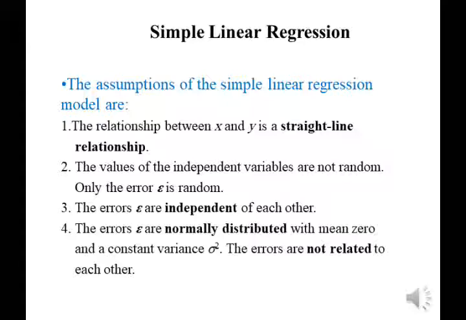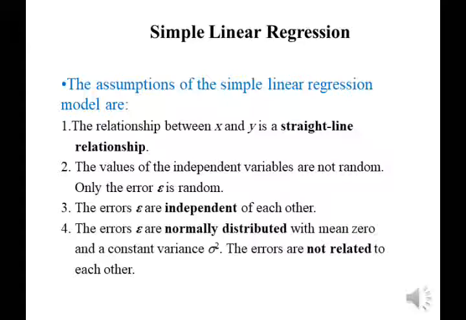First, the relationship between X and Y should be, on average, a linear relationship, and this is what you can see from the scatter plot. The values of X and Y are not random. For every X, I have a value for Y, and it has no probability on it.